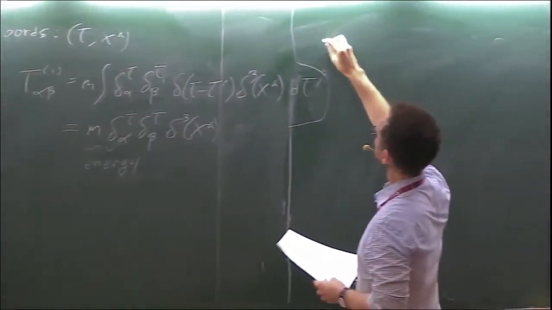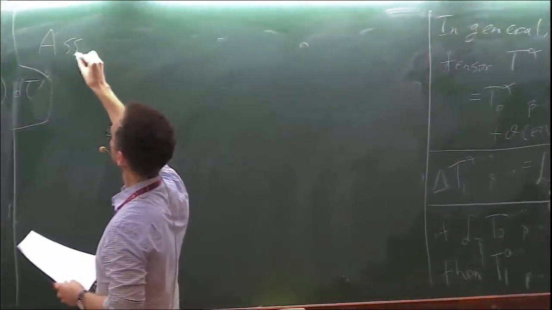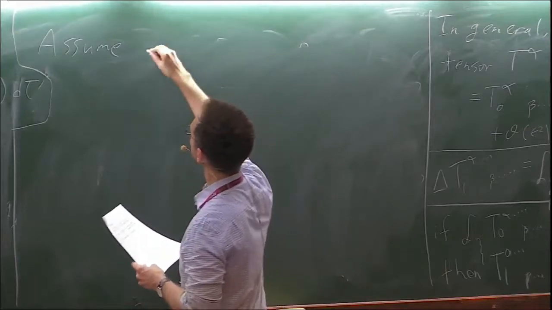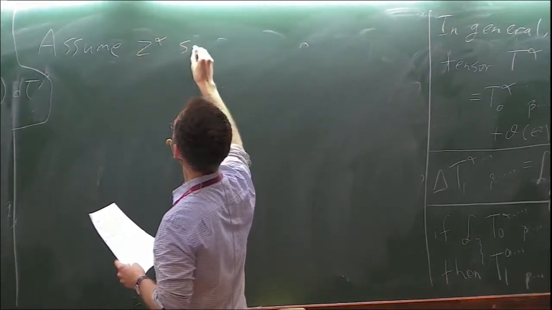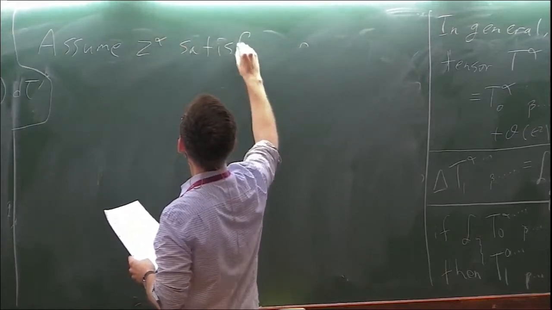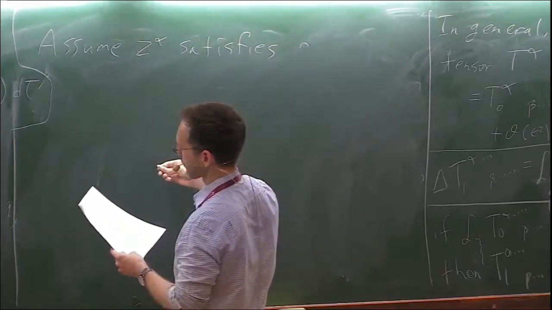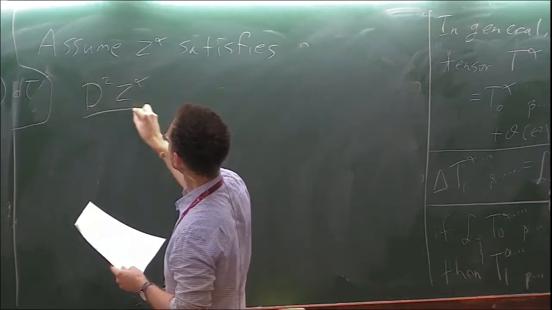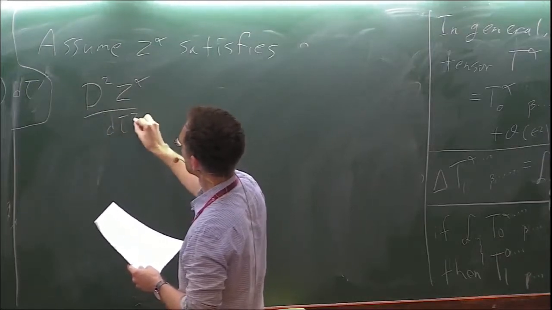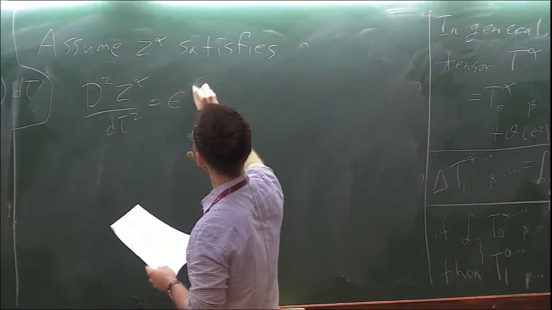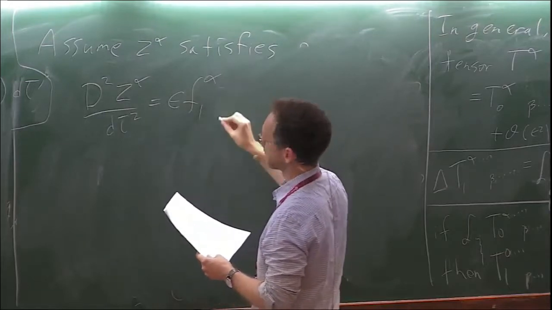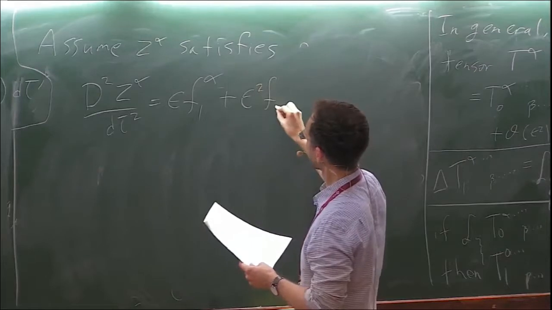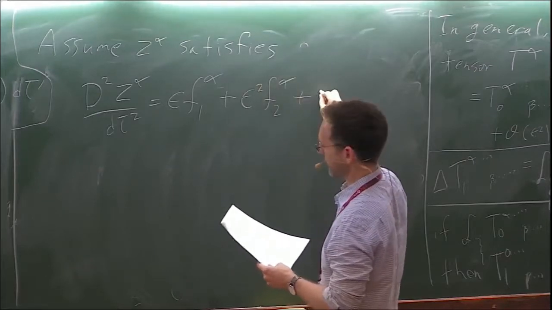Now let's just assume that the motion of that point particle satisfies an equation of motion of the form that I wrote down yesterday, where you have the covariant acceleration equal to some first order term plus some second order term, and so on.